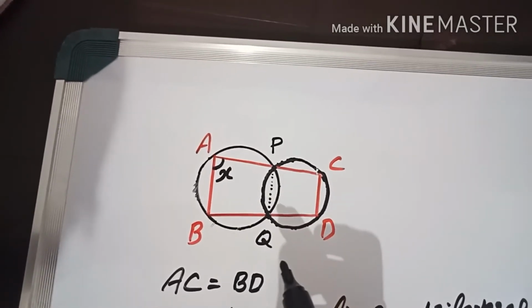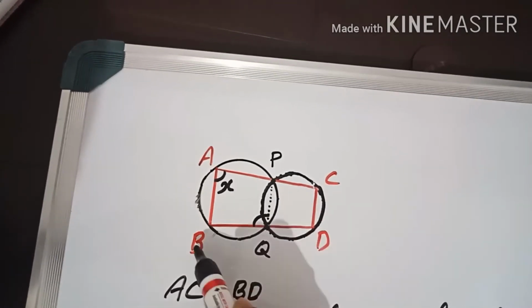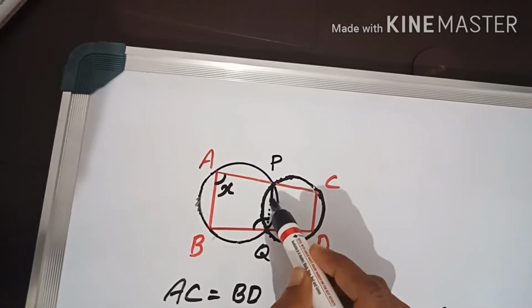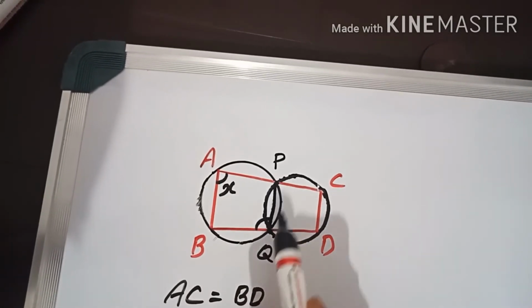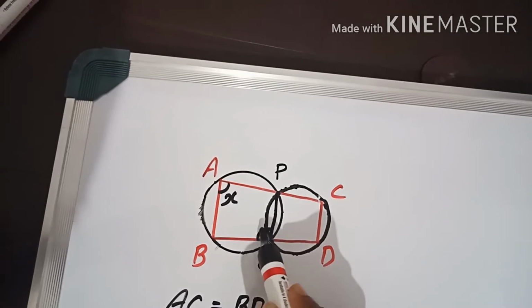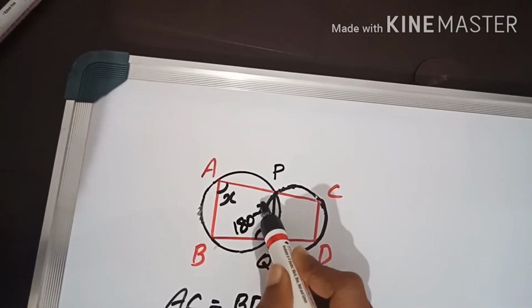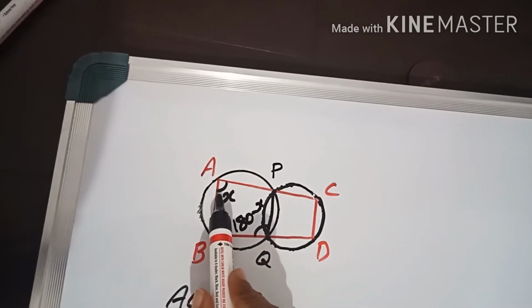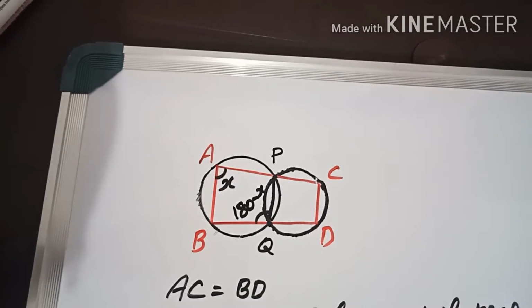As it is a cyclic quadrilateral, what will be angle BQP? I just darken this so you can see. Angle BQP will be 180 minus x degrees, because opposite angles are supplementary.